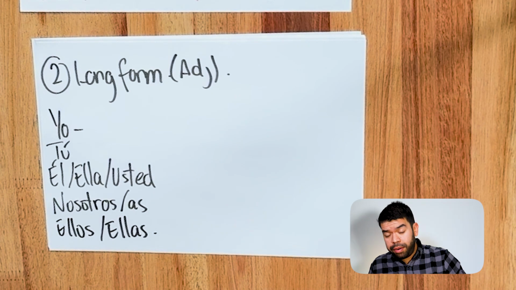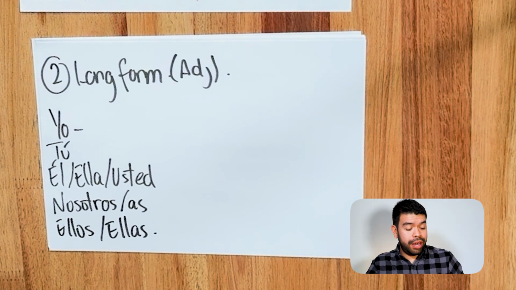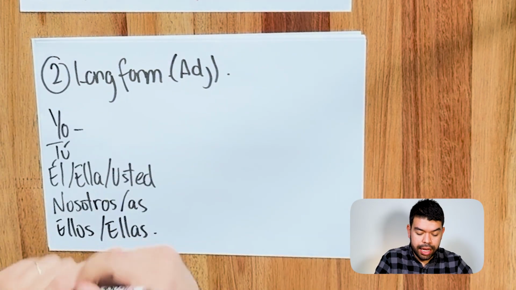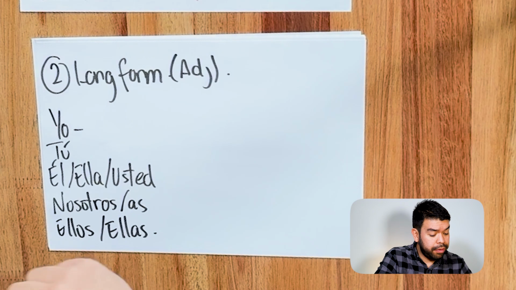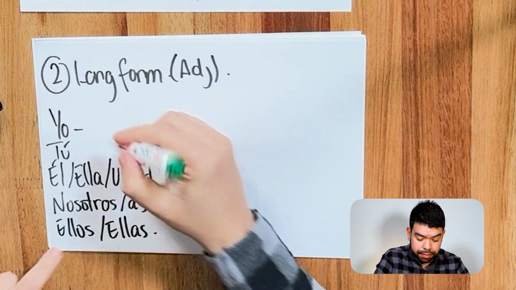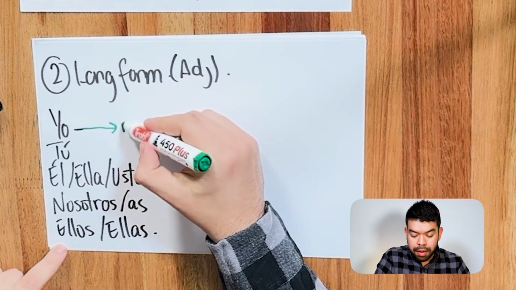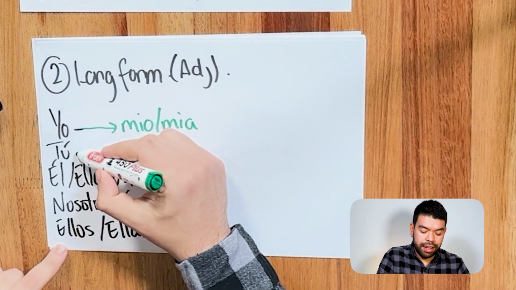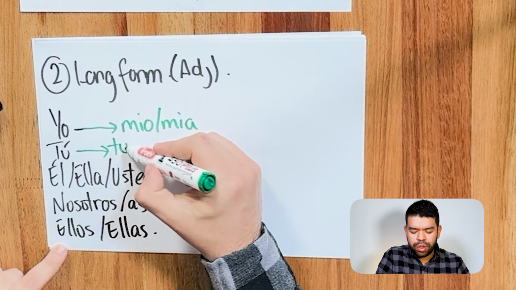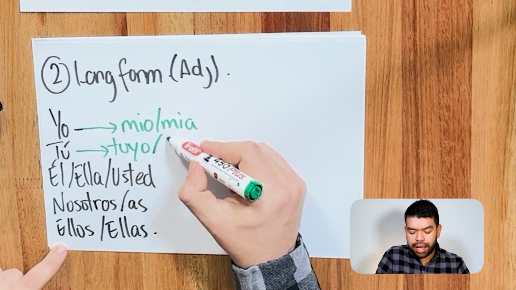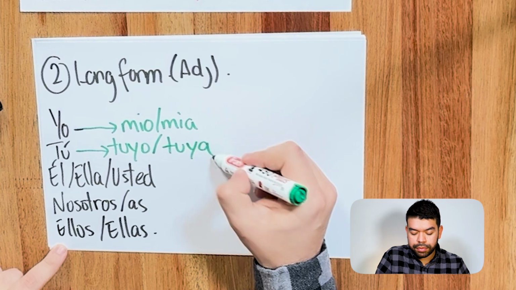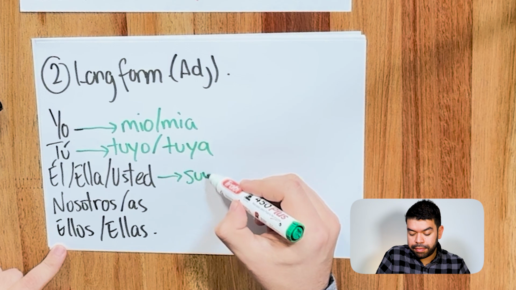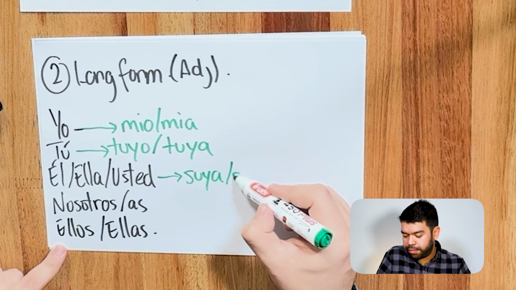So the long form comes after the noun, right? And in this case, I'm writing it down in green to keep the same logic: mío or mía, tuyo or tuya, in this case suya, suyo.